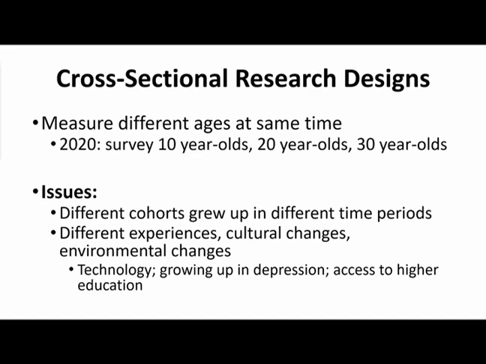But for example, if you wanted to do a cross-sectional design right now in 2020, you could send out a bunch of surveys and you could ask a bunch of questions of people who are 10 years old, people who are 20 years old, people who are 30 years old, and that would give you an idea of how people in those different age categories are going to differ in whatever it is that you're interested in.